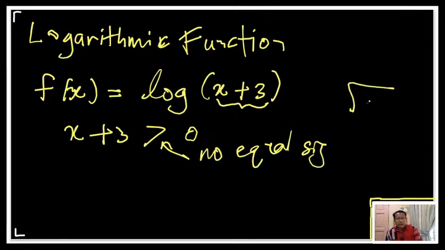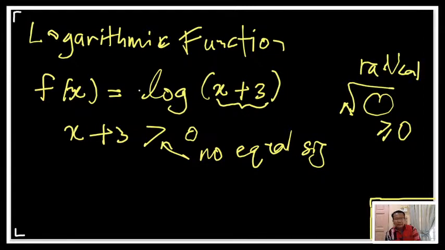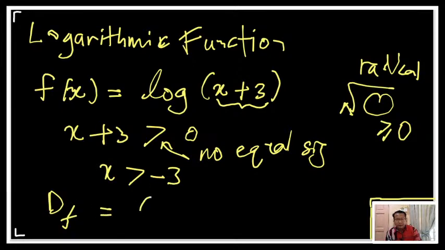Remember, for a square root, the radicand is greater than or equal to 0, but for log, no equal sign. So x is greater than minus 3, and the domain of f is the open interval from minus 3 to infinity.